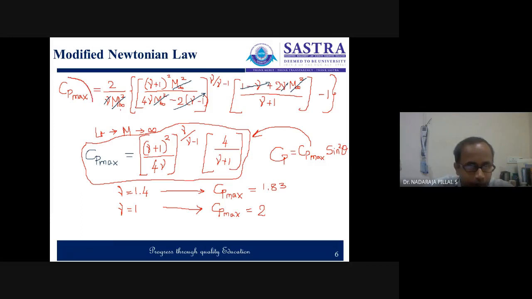Cp max will depend upon the finite Mach number. As usual, if M infinity tends to infinity and gamma is 1, then the Cp max yields the traditional Newtonian sine square coefficient of pressure. That we have also identified.